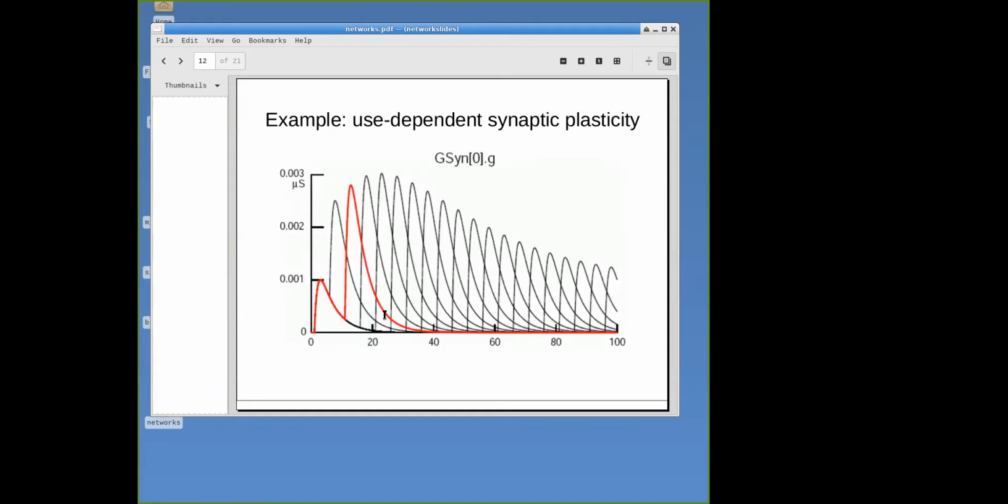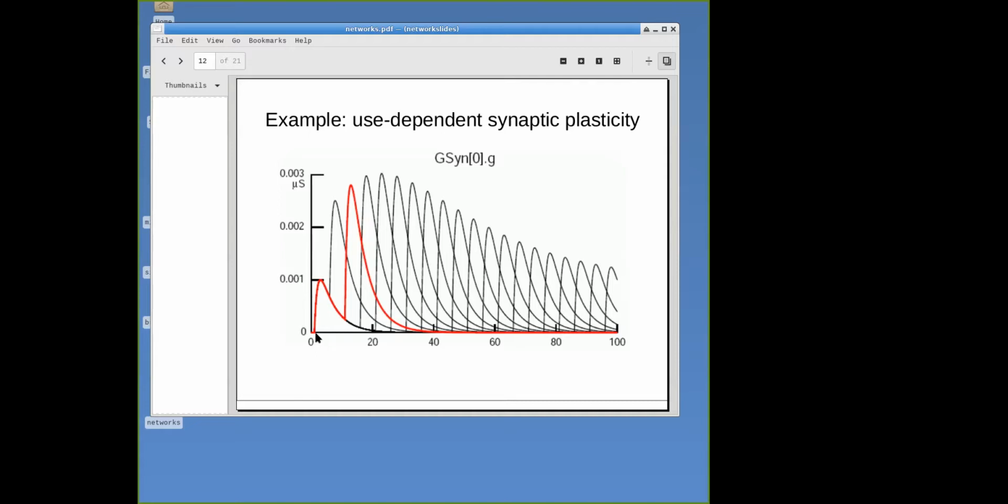We can implement with the netcon, with the net receive block, synaptic plasticity mechanisms. Here's an example of a synaptic plasticity mechanism in which we can get paired pulse potentiation. The conceptual model is that at rest, a single activation of an instance of this particular synaptic mechanism produces some response.